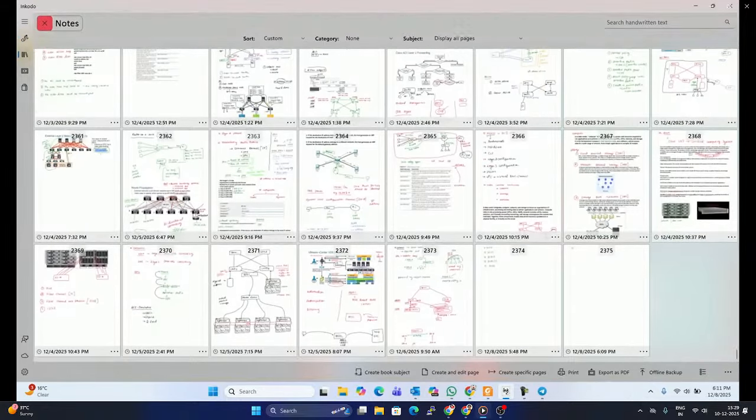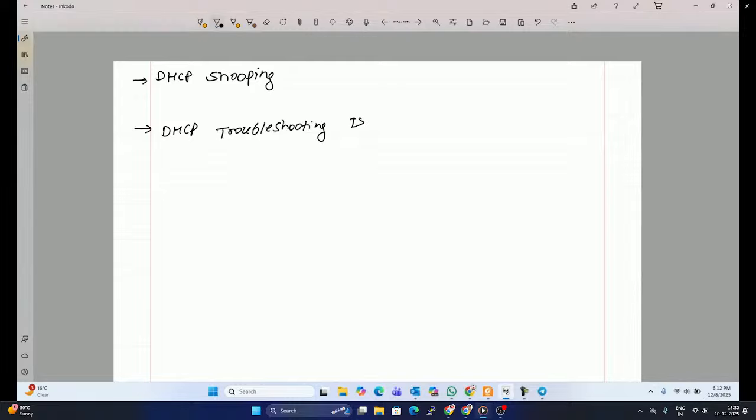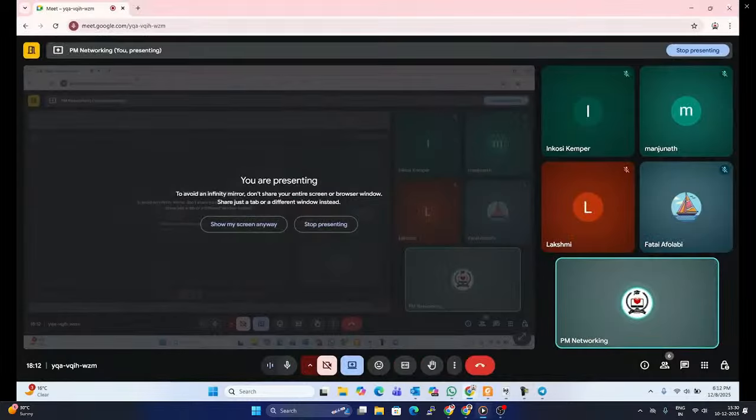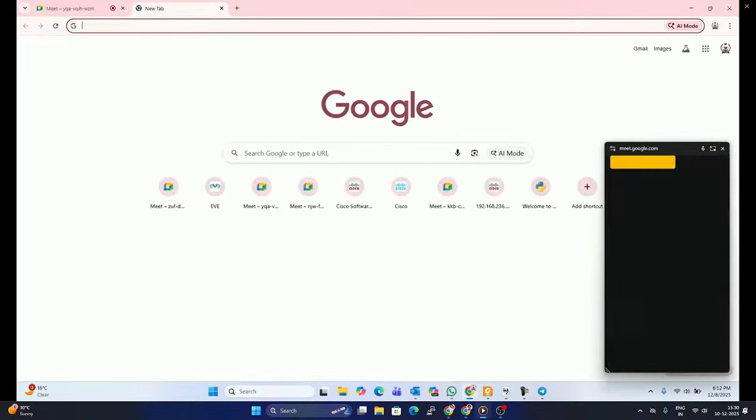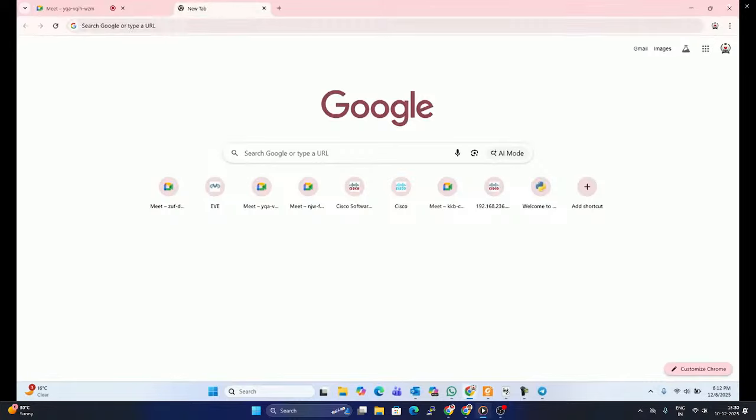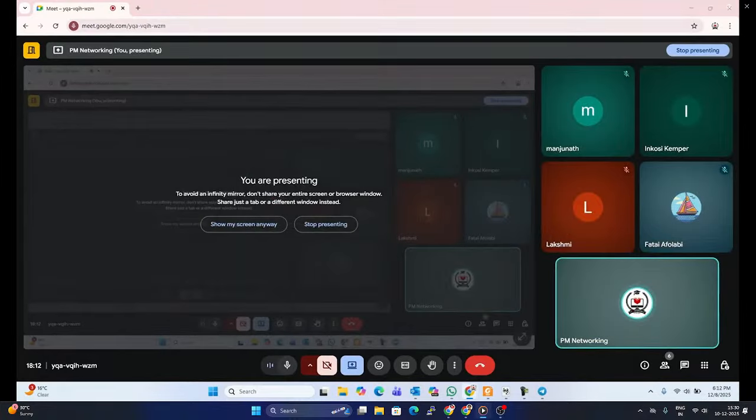DHCP troubleshooting issues. But now guys, it depends who is acting as the DHCP server exactly. Either it is your Windows server or it is your Cisco router, right?